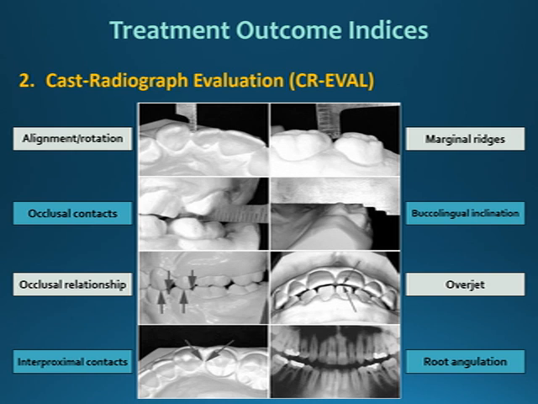Each one of these components is scored from 0 to 2, and the total of these scores represents the total score for the cast radiograph evaluation index. The advantage of this index is that it depends only on the post-treatment study model, so there is no need for the pre-treatment study model.